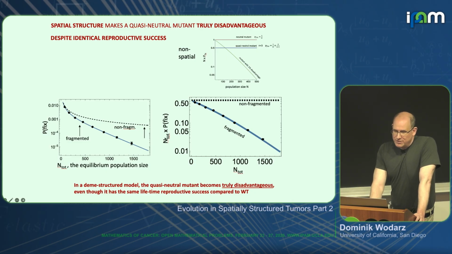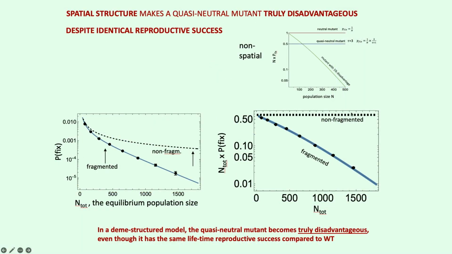Now let's look at the total population size times the fixation probability, which for a quasi-neutral mutant was constant, similar to a neutral mutant. And here you've got your non-fragmented population is constant, but in the patch model, it goes down like a disadvantageous mutant.